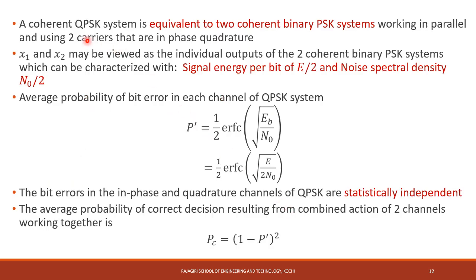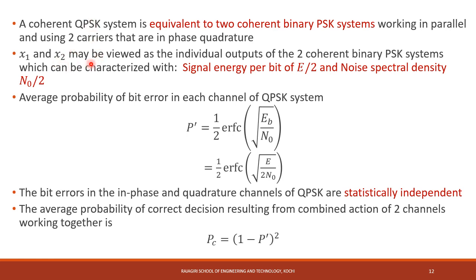We know that a coherent QPSK system is equivalent to two coherent binary PSK systems working in parallel. One is known as the in-phase channel and the other is known as the quadrature channel. They use carriers which are in phase quadrature, or separated by 90 degrees. X1 represents the in-phase channel output and x2 is the quadrature channel output of a QPSK system.